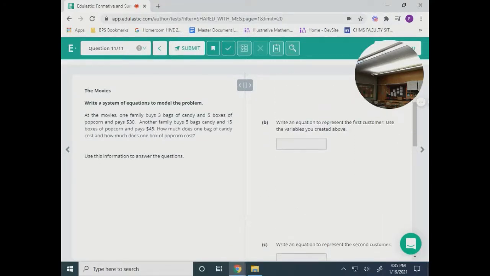We need to write an equation for the first piece here. The first customer buys 3 bags of candy, so 3C plus 5P is equal to how much money did they spend? $30. Very good. Pause and write that in if you did not get this.